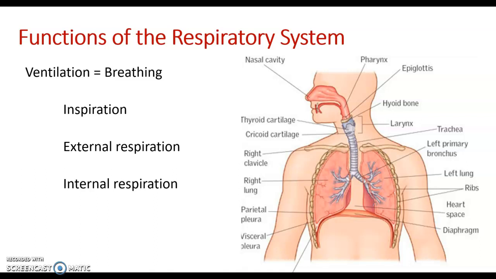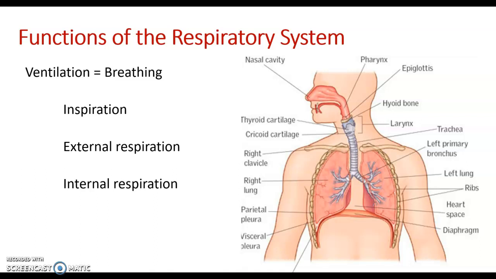Internal respiration is the exchange of oxygen and carbon dioxide between the blood and the tissues of the cell, versus external respiration, which is the exchange of oxygen and carbon dioxide between the lungs and the blood.